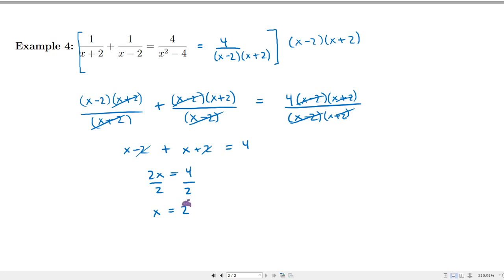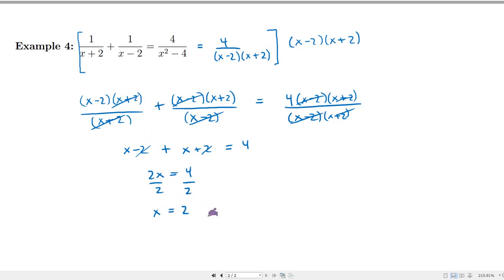Okay, now this is actually a problem, because if you go to substitute this in, you're going to actually make a 0 in this denominator here. So that is actually not a possible solution.